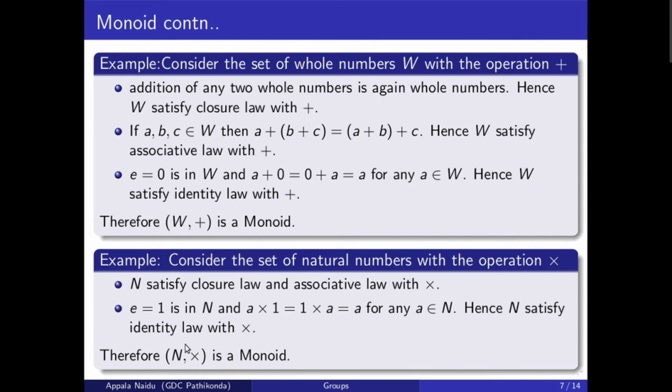So with multiplication, the identity element is 1, because if you multiply any element by 1, we get that element again, that is, a into 1 equals 1 into a equals a, for any a belonging to N. Hence N satisfies identity law with multiplication. So therefore N with the multiplication operator is a monoid.